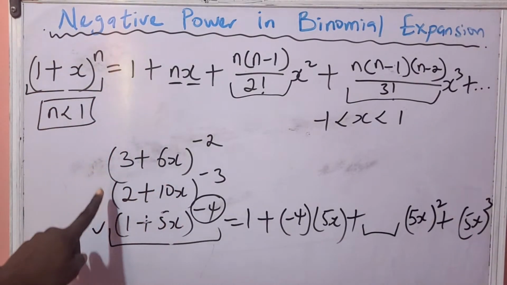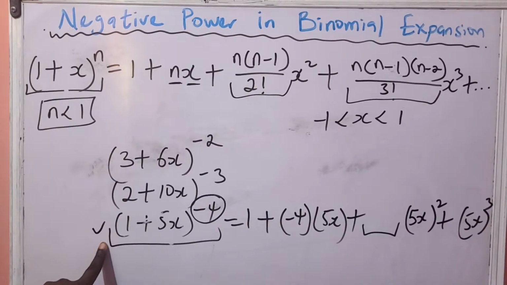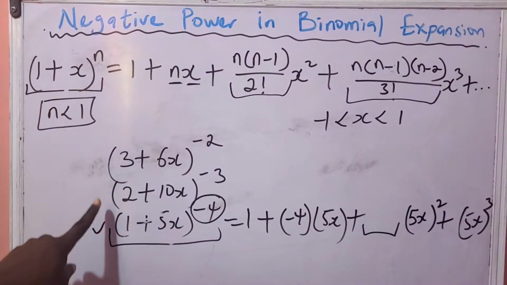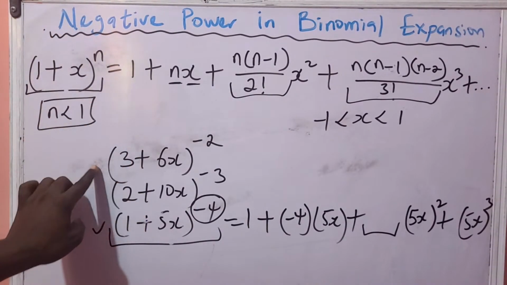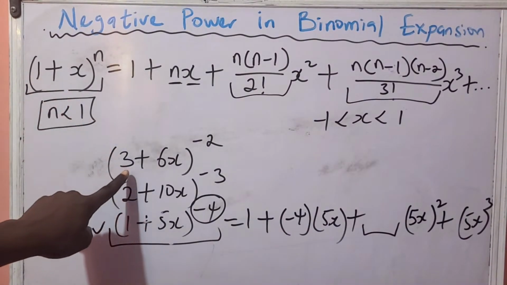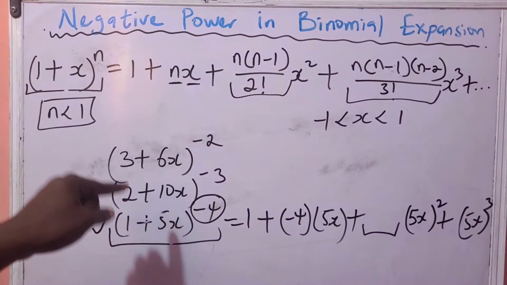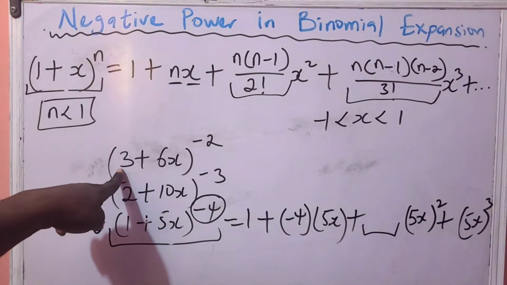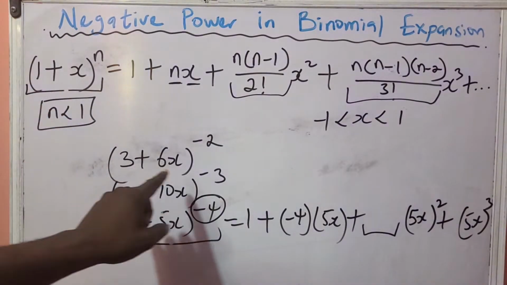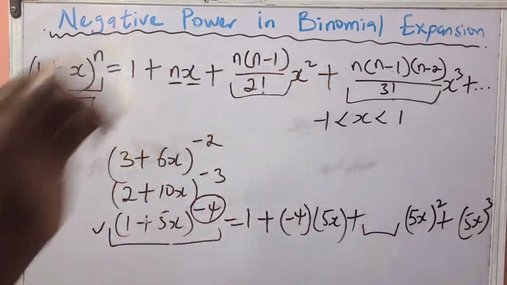That means 1, 2, 3. Look at these 3 problems we have here. Only this last one is conformed already. So we cannot go on to apply this formula to these first 2, because the first value here is not yet 1. This is 3. This is 2. We have to find a way to conform this expression to look like 1 plus something before we can use this formula.